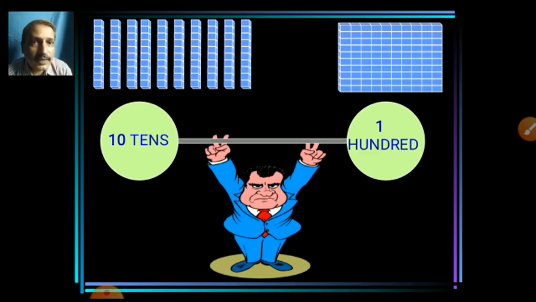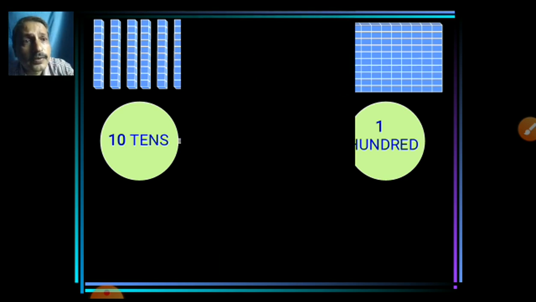Now look at this. What about this one? Oh, very nice. Left side, 10 bunches of 10. So 10 tens equal to 100. Suppose 10 ten-rupee notes are there. How many is there?